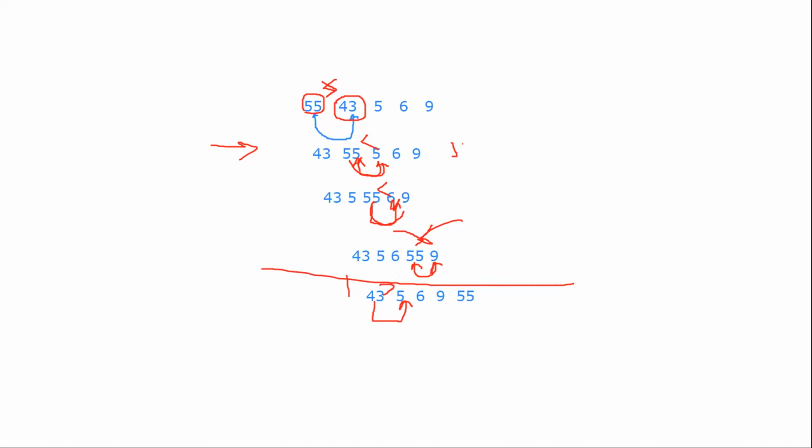Then interchange these two elements. So new list is 5, 43, 6, 9 and 55.